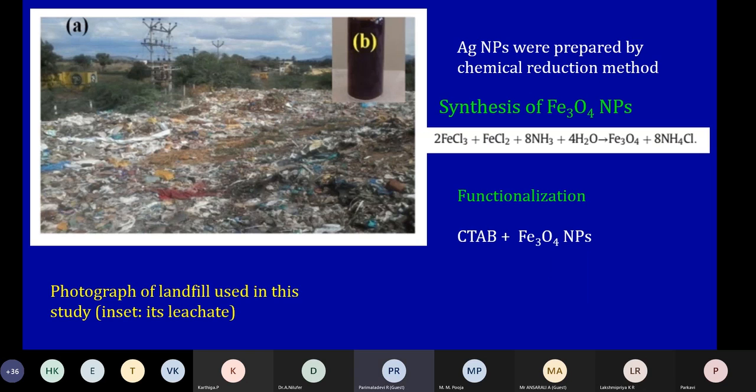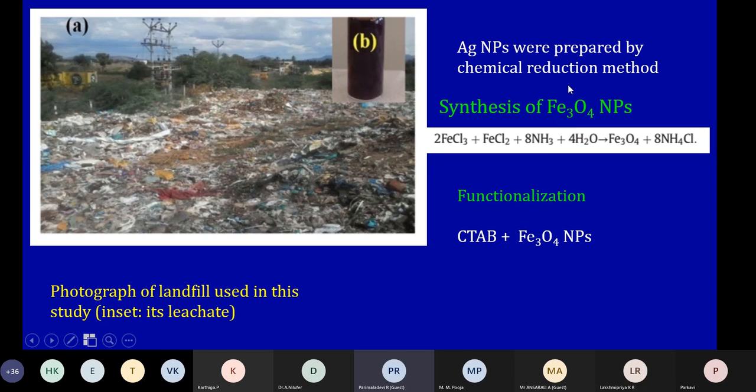For that we take normally landfill dust, and from here we collect our leachate, the brown liquid. See here, this is the leachate. It is a brown liquid with an unpleasant smell. This we collect, and we try to identify what pollutants are present in it, and we also try to degrade that pollutant using a silver iron oxide nanoparticle.